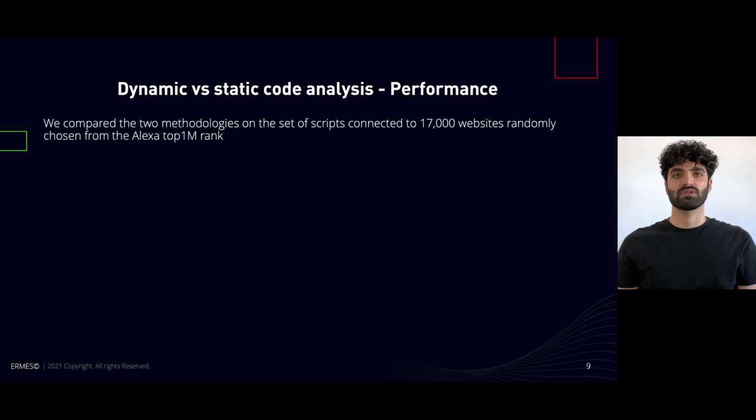So we proceeded with comparing the dynamic and static code analysis performances. We did so over the set of scripts connected to about 17,000 websites randomly chosen from the Alexa top 1 million rank.